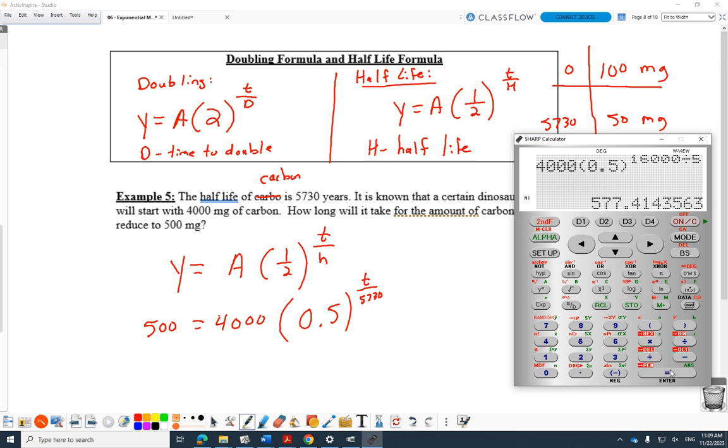Oh, it's more than 16,000 years. 16,500 years. Oh, getting close now. 16,800 years. Real close now. 16,900 years. Real close now.